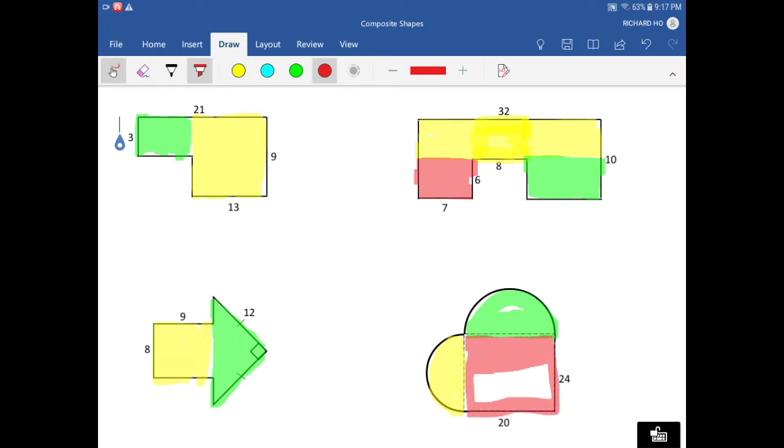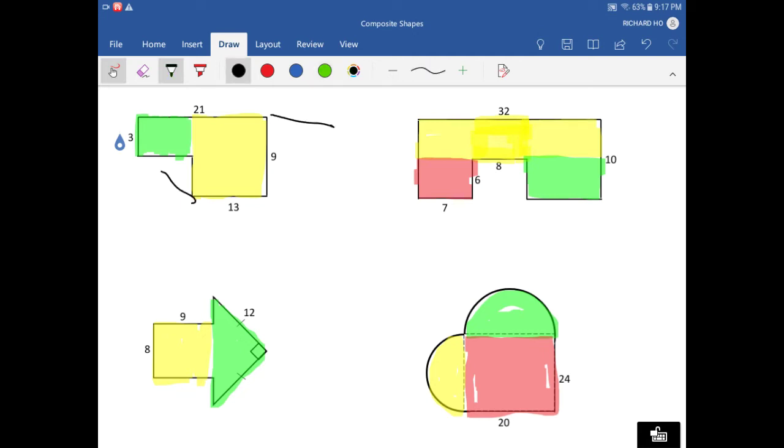So that's your first step. Once you do that, what you're left with is a lot simpler things. So let's go back to this first one, and I'm going to find the missing sides.